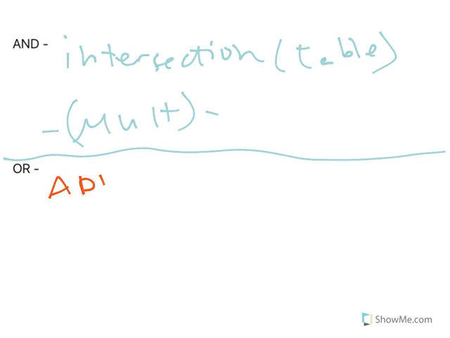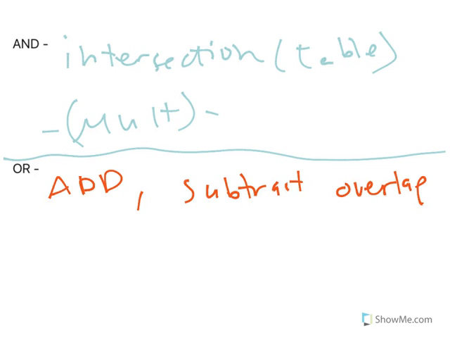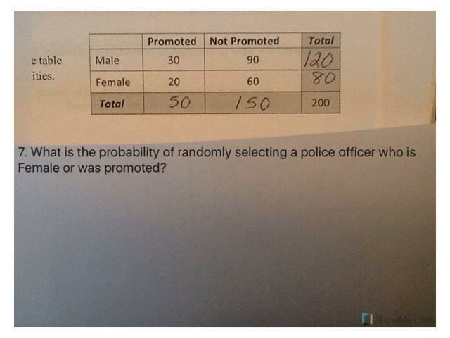Or is the concept of addition. You're going to add, but you're also going to then subtract the overlap. And when you say, okay, you lost me, that's fine. I'm going to totally show you what I'm talking about here. So, here we're going to talk about the probability of randomly selecting a police officer who is female or promoted.